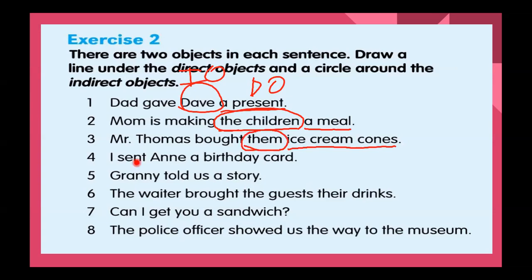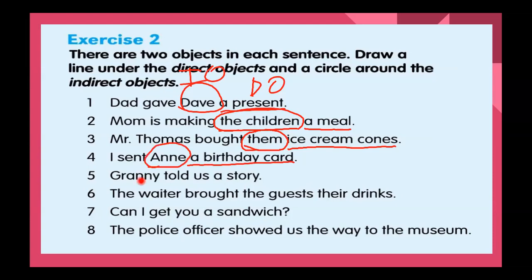Next. I sent Anne a birthday card. Now tell me what's the subject, direct and indirect object over here. Direct is a birthday card. Very good. And for whom the card is being brought? Anne. Very good. Anne को भेजा है मैंने. So Anne indirect object हो जाए.